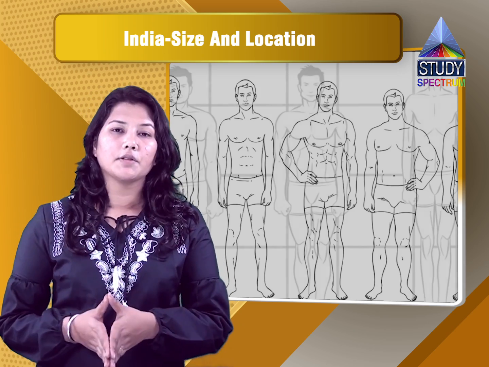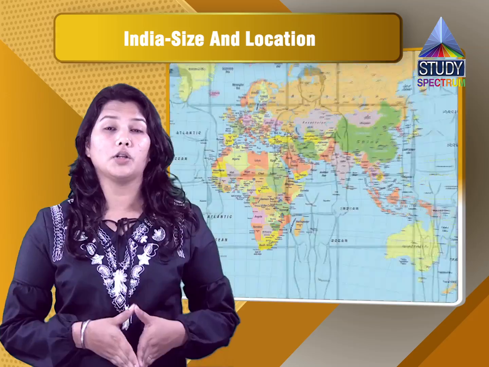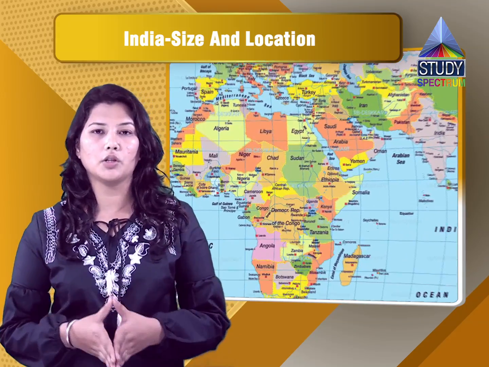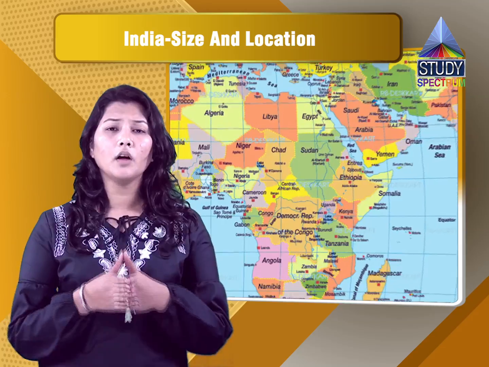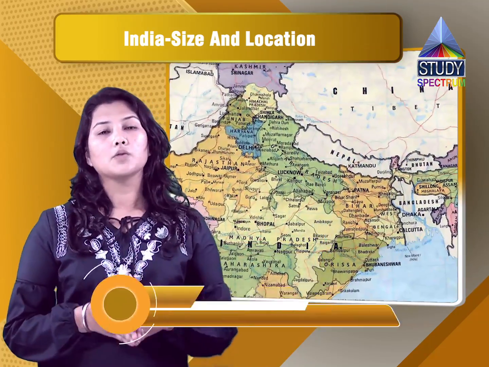When we look at our address, we are trying to find out where we stay or what our location is. In the same manner, we're going to talk about India's size and location in this chapter. Now, coming down to India. India has one of the ancient civilizations in the world.